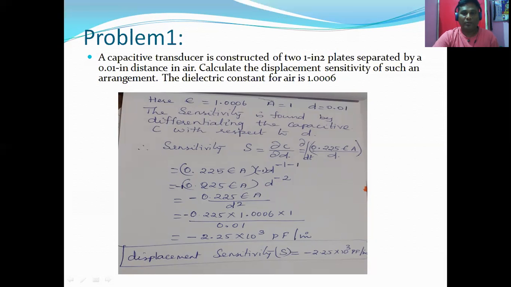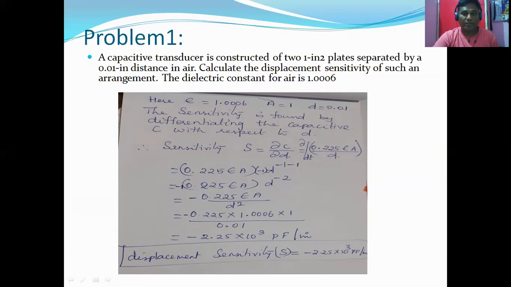In this problem, the formula is C is equal to epsilon A divided by d, where C is the capacitance. Here we have to calculate the displacement sensitivity.